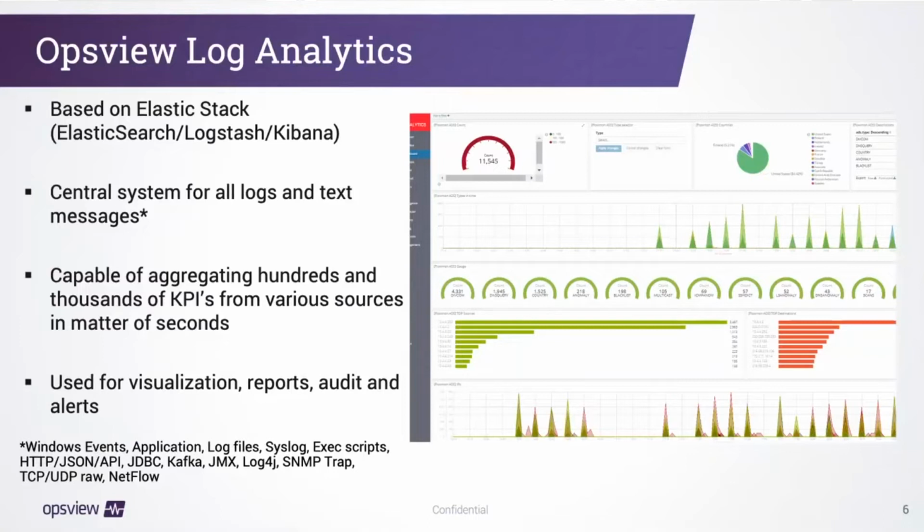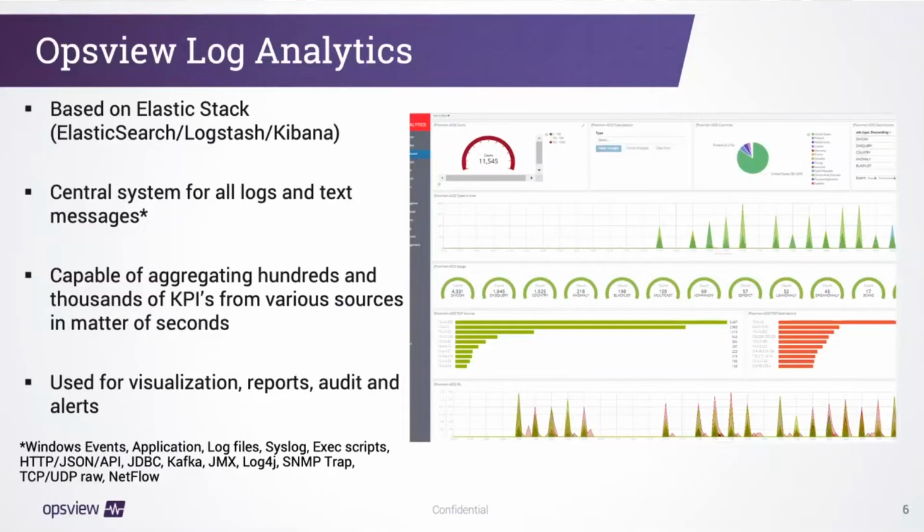The intention is to make it a central system, so all of your different log types, all the different event information is coming through in different streams, all to one central place, all text messages effectively, so metrics and text messages that we can then filter and sort. And as you can see in the screenshot on the right there, you can see various different visualizations that are available for that.